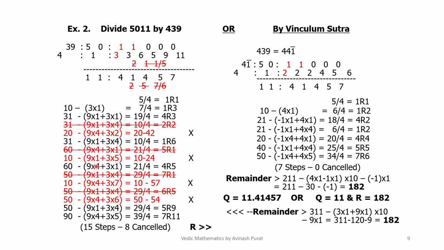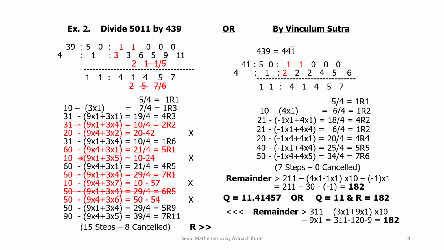Now again 10 is dividend minus 9 into 1 plus 3 into 5. So that becomes 9 plus 15, 24. 10 minus 24, that is negative answer. So we cannot take 5 as quotient for this 60 remainder.